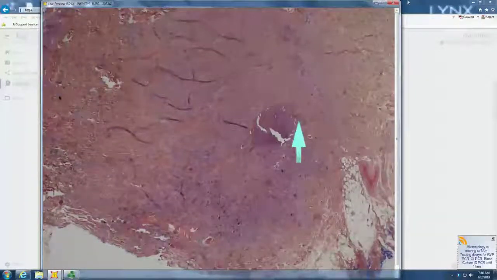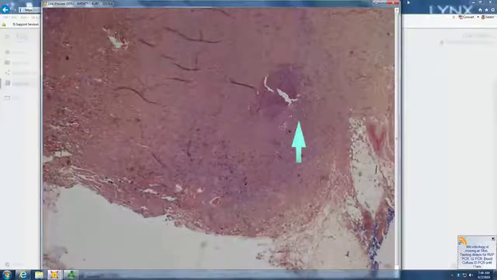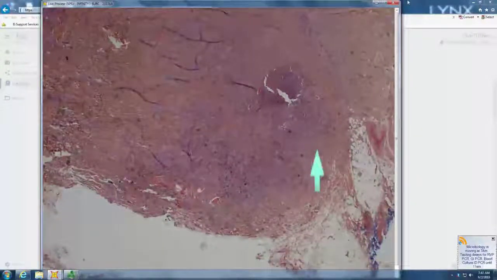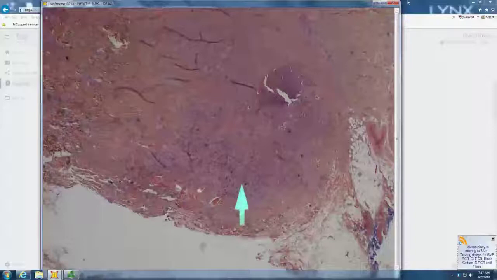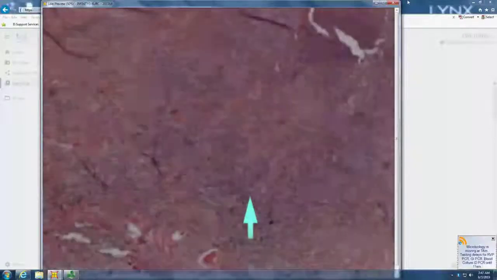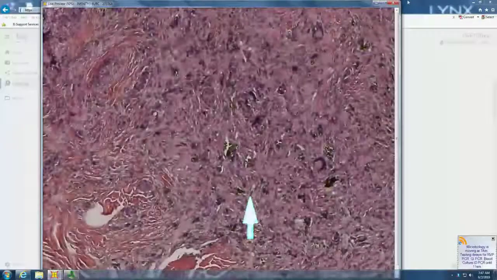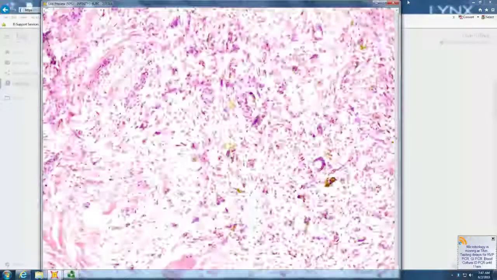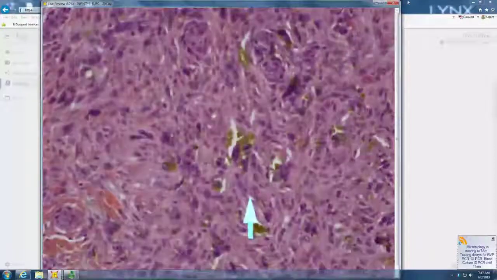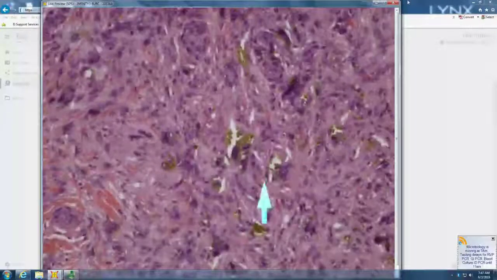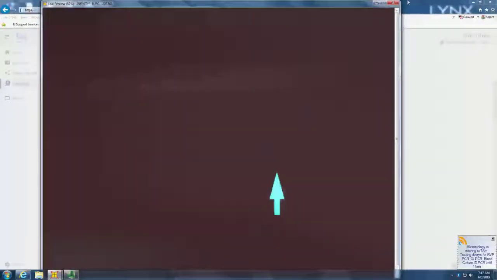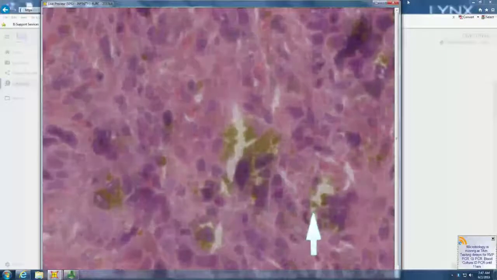Spindle cell proliferation in the dermis. Collagen trapping. What are these things? That's a pigment. And what kind of pigment? Looks like hemosiderin. So flip your condenser down. Focus on high power. Focus up and down.